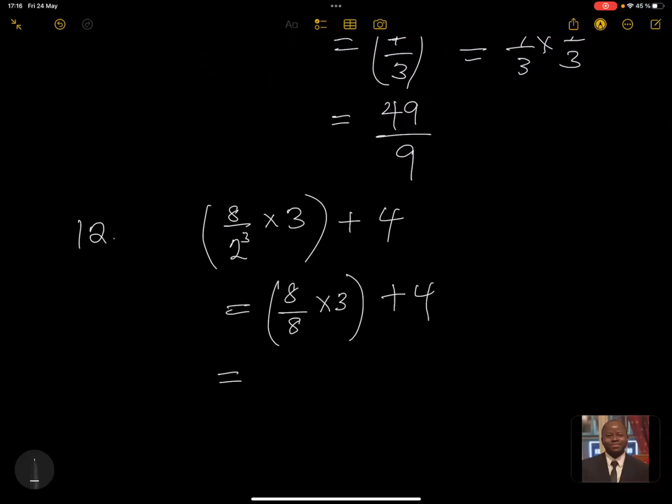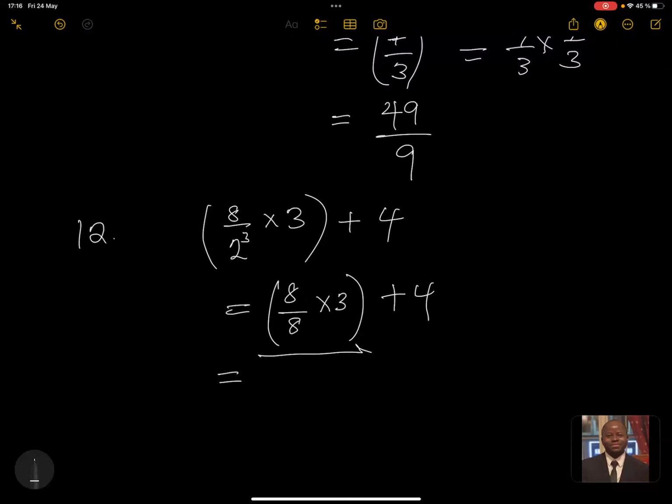Now from 3 operations, it has reduced to 2 operations: 8 divided by 8 times 3. According to PEMDAS, division and multiplication are the same level, so you deal with whichever comes first when moving from left to right.